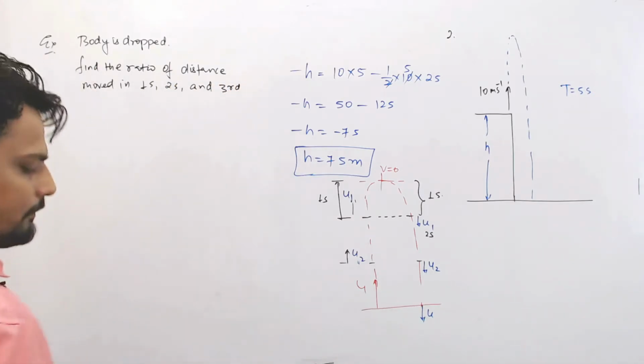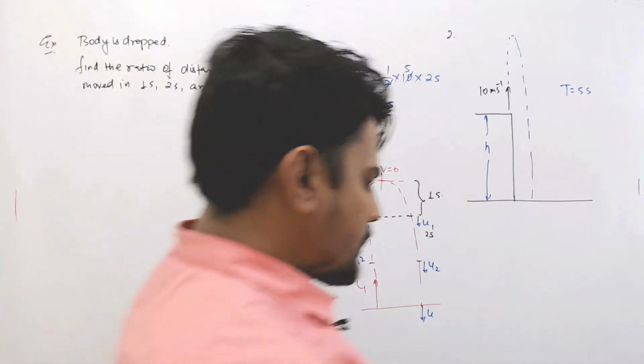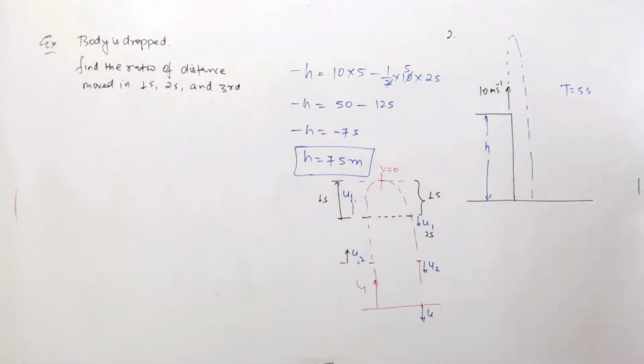In the third second, how much displacement or how much height would it cover while coming down? So the ratio you have to find is for the first second, second second, and the third second. It's pretty hard. ठीक है जी. All good? तो ट्राई करते हैं इसको, है ना? इसको थोड़ा ट्राई करते हैं.